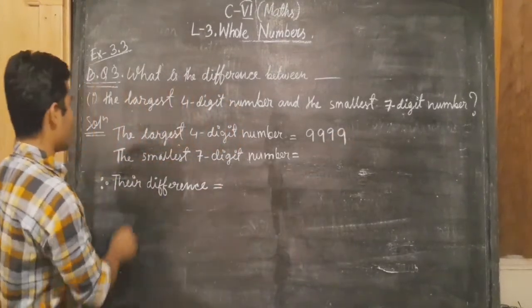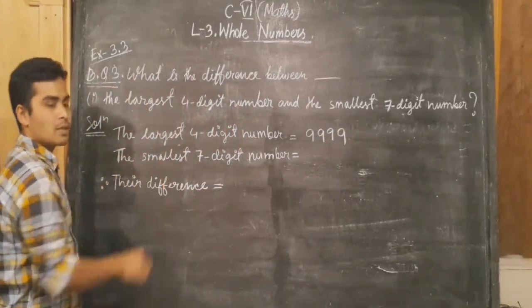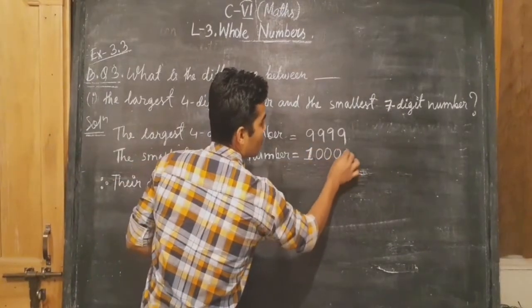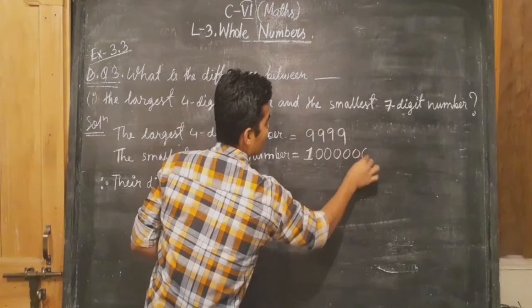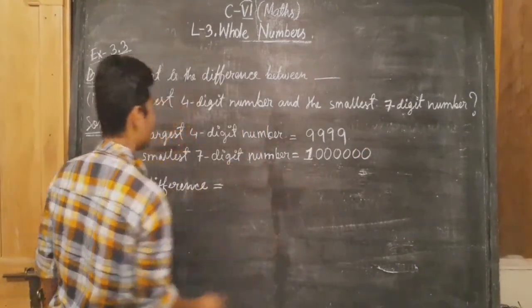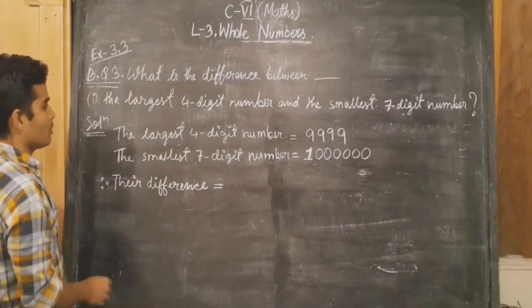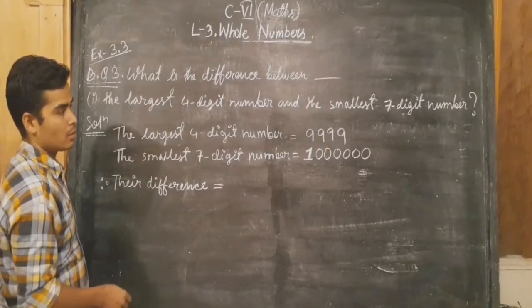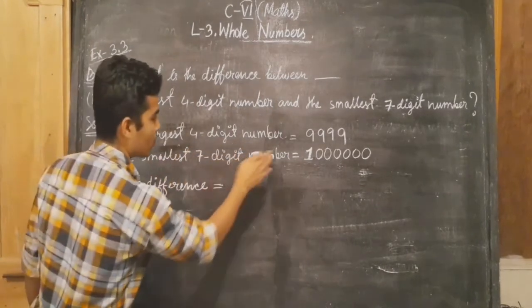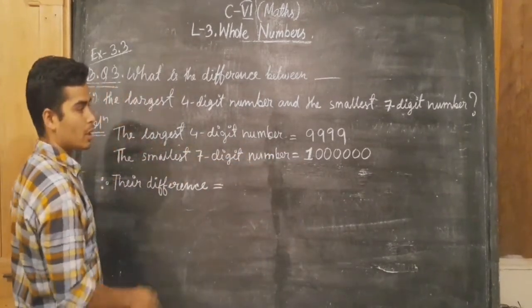9,999, and the smallest 7-digit number is 10,00,000. So this is the smallest 7-digit number. Now we have to find their difference. That means we have to subtract the small number from the greatest number.